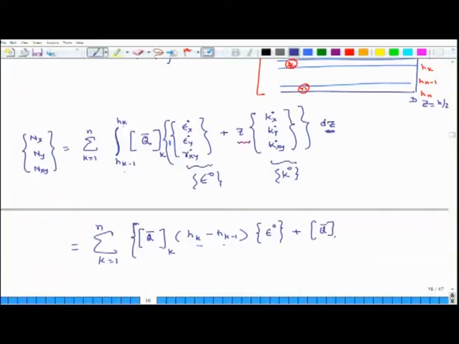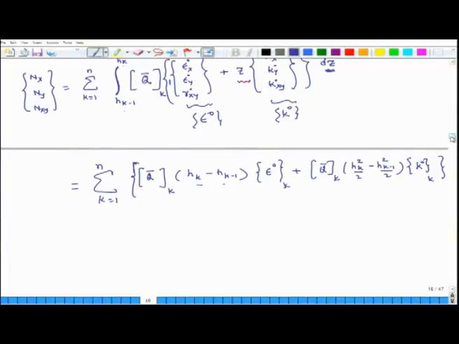So, I get Q bar for the kth layer, and when I integrate z, it becomes z square by 2, and when I take the limits h_k to h_k minus 1, I get (h_k square minus h_k minus 1 square) by 2 times the midplane curvature for the kth layer, and this entire operation I do for every single layer and I add it up.